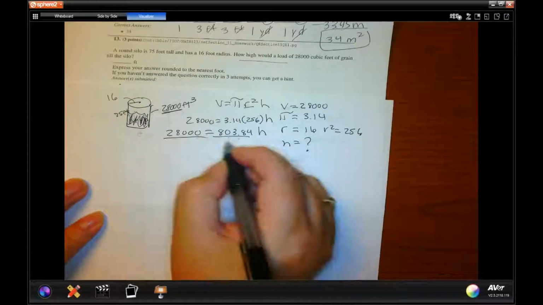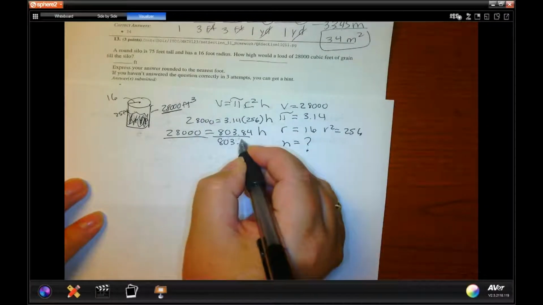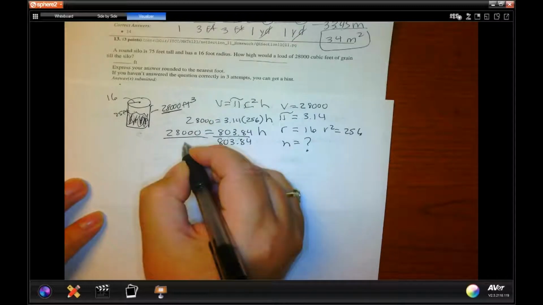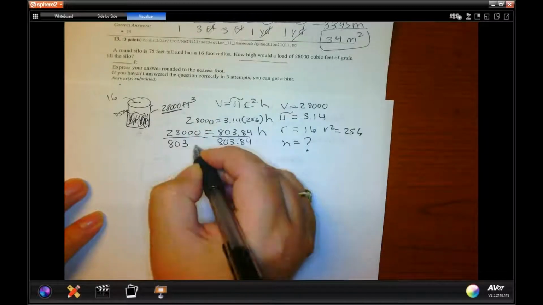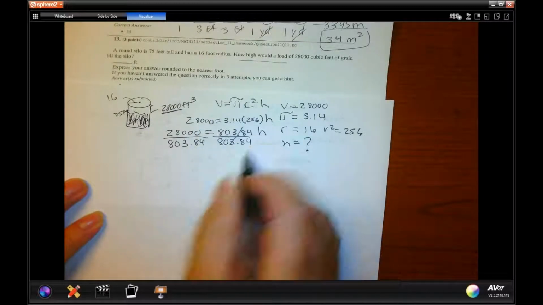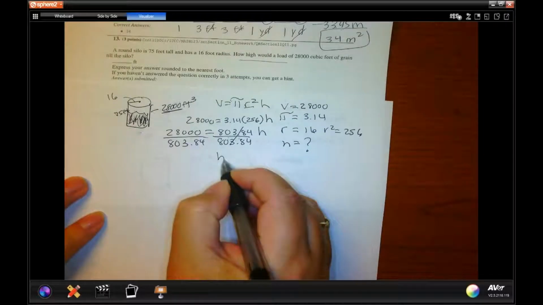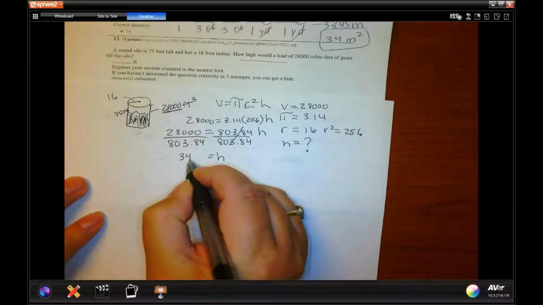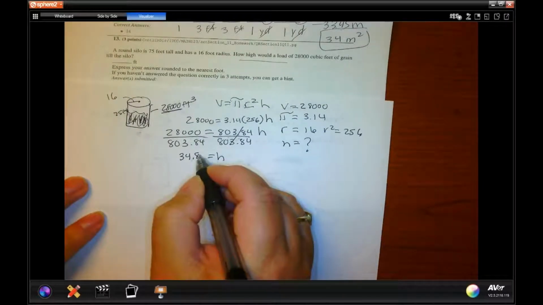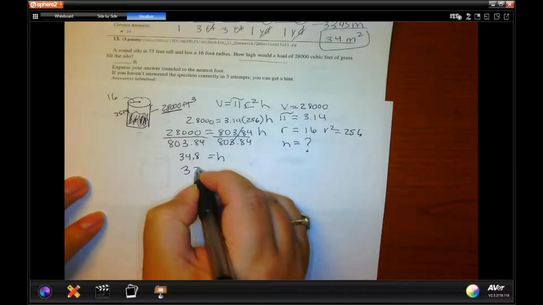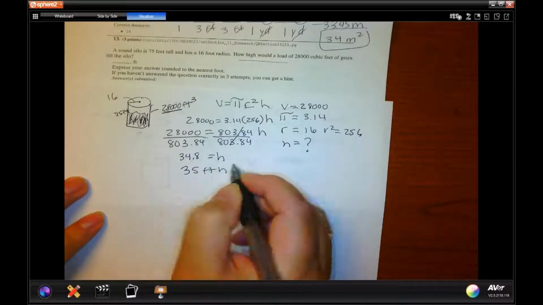Doing some basic algebra here, we want h by itself, so we need to divide. Anything divided by itself is 1 other than 0. The height would be 34.8. To the nearest foot would be 35 feet high.